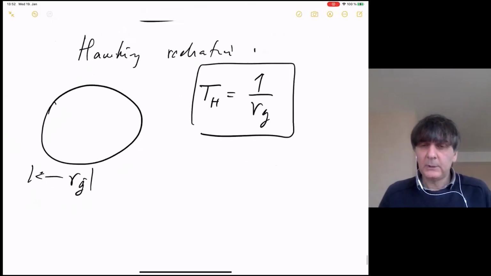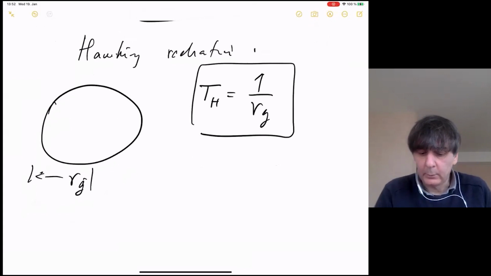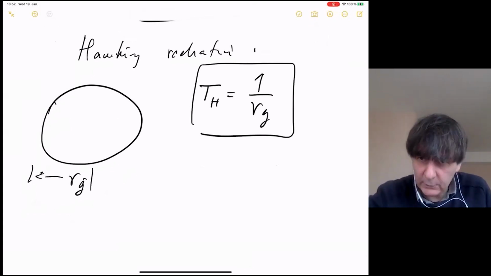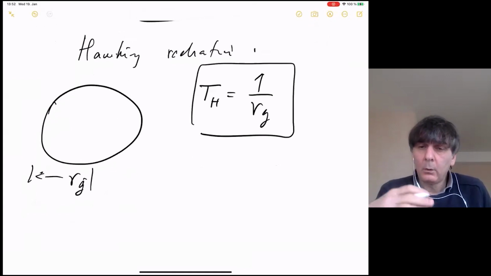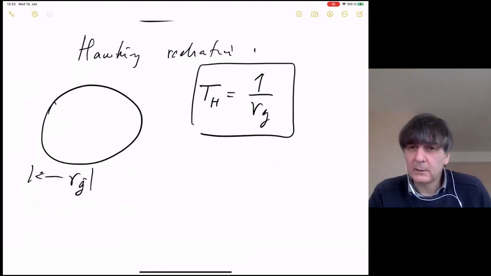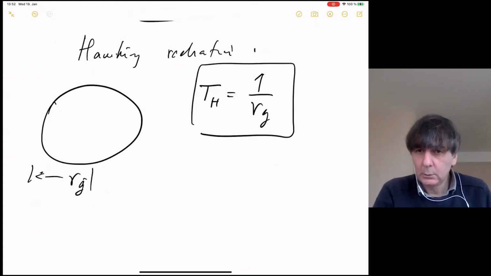So correspondingly, there are a few features. For example, thermal production of particles with this spectrum means that if you have certain particle species in the theory, all the species are produced with an equal rate.